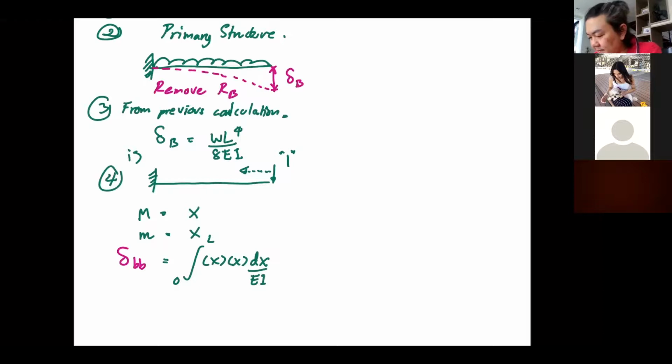This gives me x cubed over 3 EI from 0 to L, so it becomes L cubed over 3 EI. But remember, this is the displacement due to the unit load.